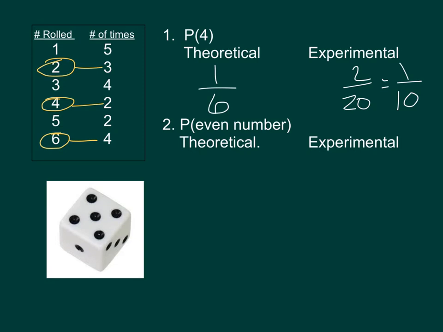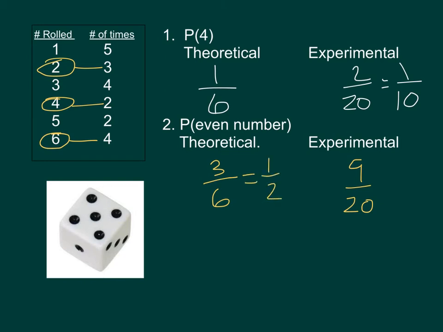So experimentally, we had 9 even numbers out of 20. But theoretically, we have 1, 2, 3 even numbers. That's how many possibilities we have out of 6 possibilities. And when we reduce that, or simplify this, we get 1/2.